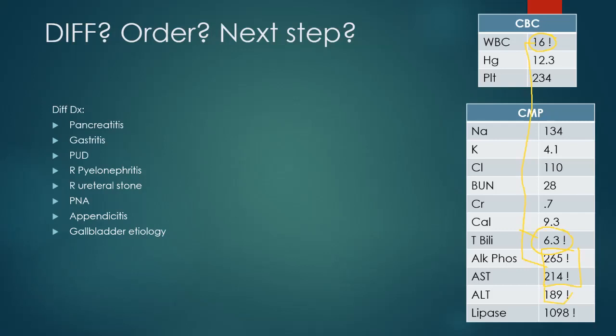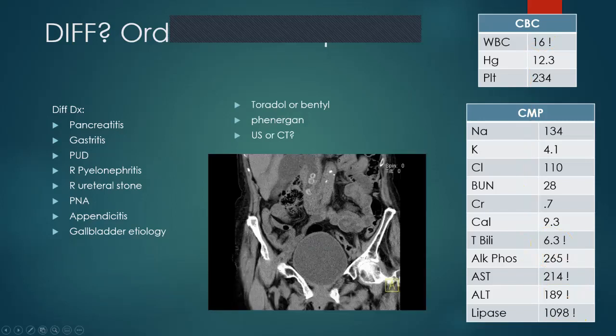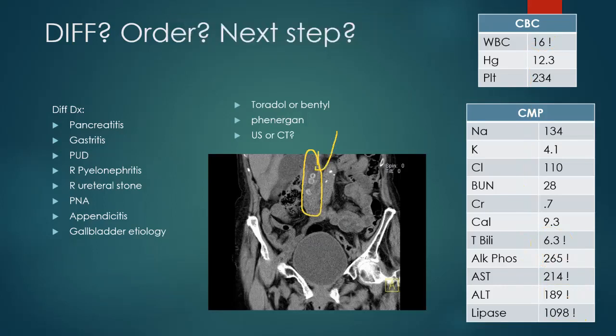However, I also want you to notice this lab, which is one of the main differentiating factors in this disease versus other diseases, and that is that lipase is really high. So instead of this just being acute cholecystitis, we got a CT scan at this point, but you can see the gallstones are actually in the common bile duct.